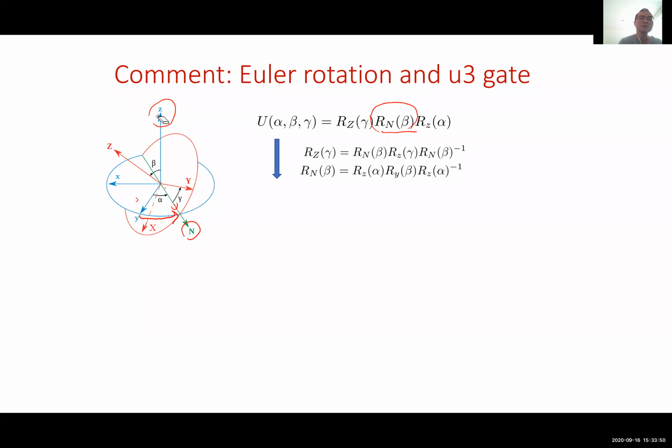Yeah, so y was aligned with the n, and then you rotate with respect to capital Z by gamma. It's indicated here, so then all 3 axes will be aligned. You probably have to look at it carefully, and I might have said the wrong sequence.